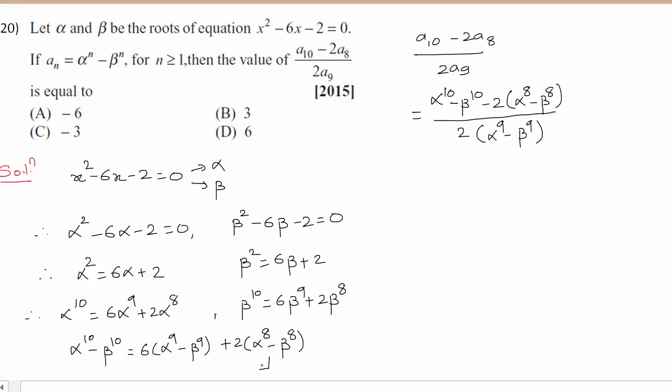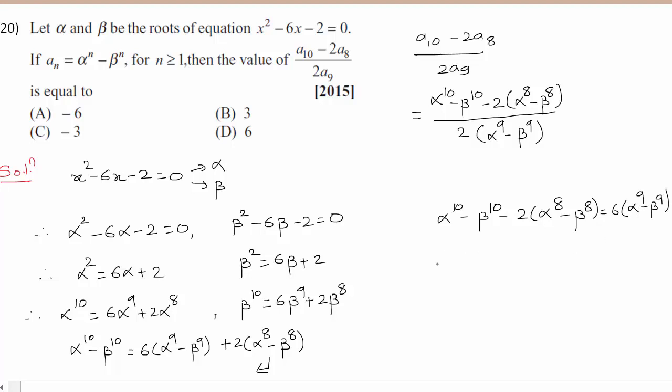Let's move this term on the left hand side. So we get alpha raised to 10 minus beta raised to 10 minus twice alpha raised to 8 minus beta raised to 8. In the RHS, it is 6 times alpha raised to 9 minus beta raised to 9.